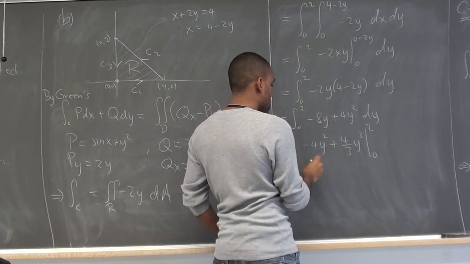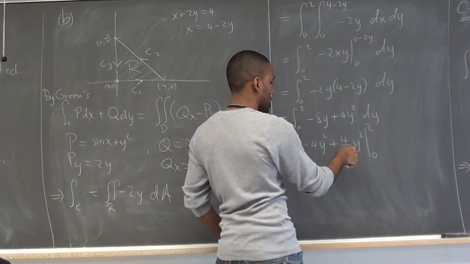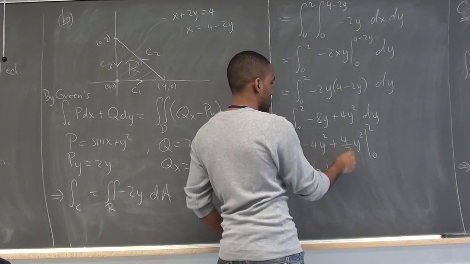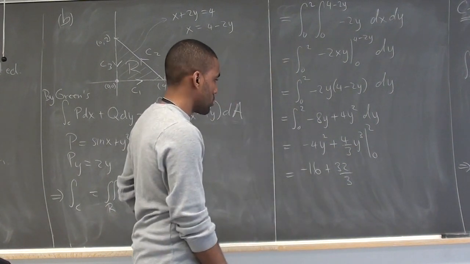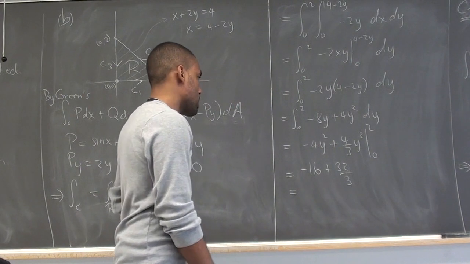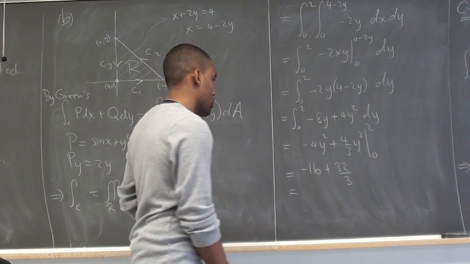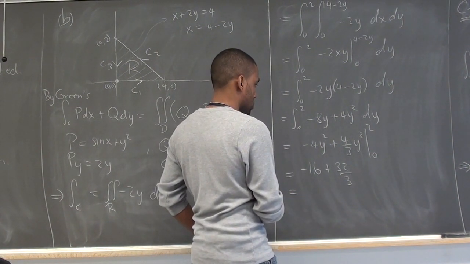Plug in 2 here, I would get minus 16, plus plug in 2 here, I would get 8. 8 times 4 is 32. So 16 is actually 64 over 3. So this is that, right?